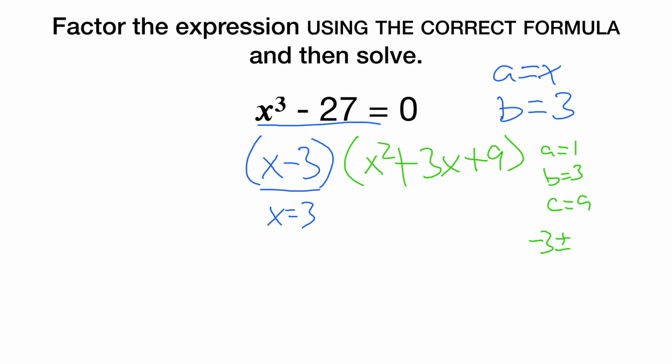Now I'm going to go find that discriminant. So this becomes b squared, so 9 minus 4 times 1 times 9. So that would be 9 minus 36, or negative 27.